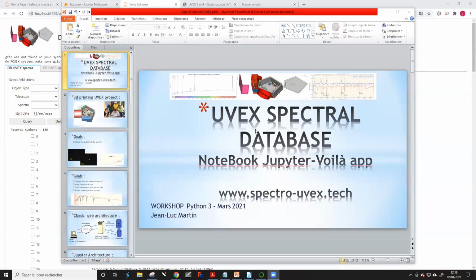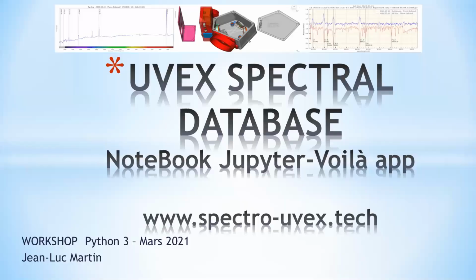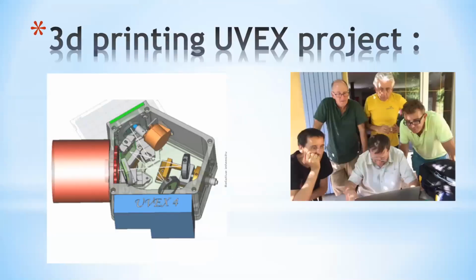I'm going to give a short presentation of a work I did last year concerning a UVEX spectral database. This is a part of the UVEX 3D printing project. This project consists of producing a Czerny-Turner type spectro in a 3D printing design by Christian Buttet.